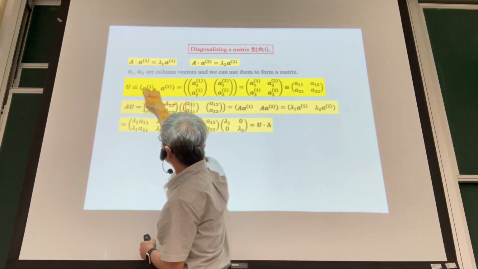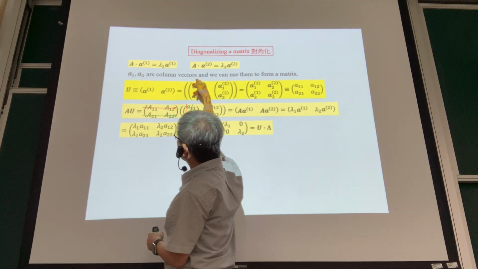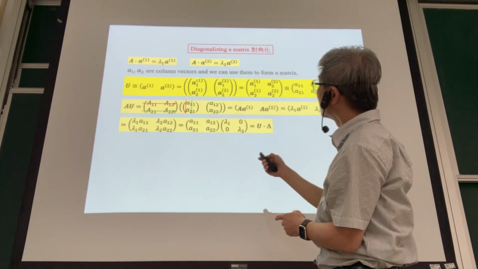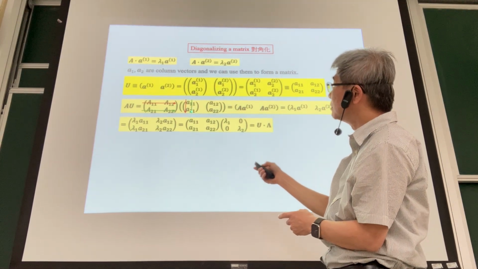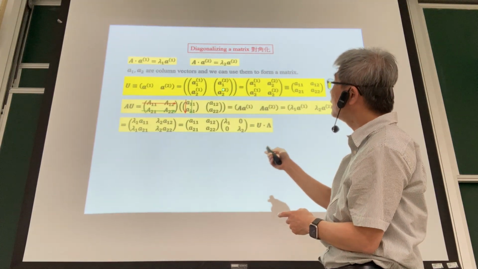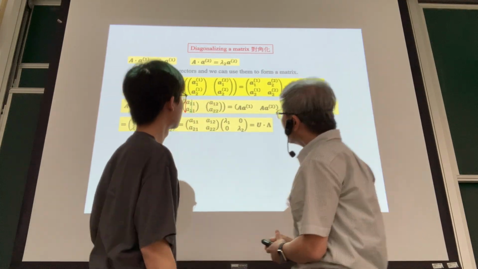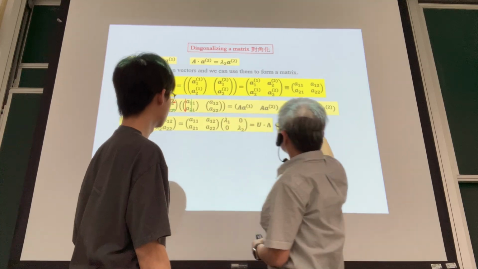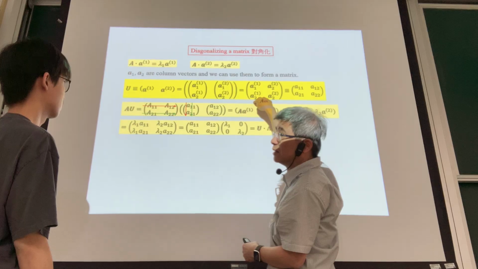Oh, sorry. No, I haven't multiplied, and here, you mean here, right? This is a column. In here I just put in the elements. Oh no, we are not multiplying. What I'm doing is just put the two elements of A1 here and here.